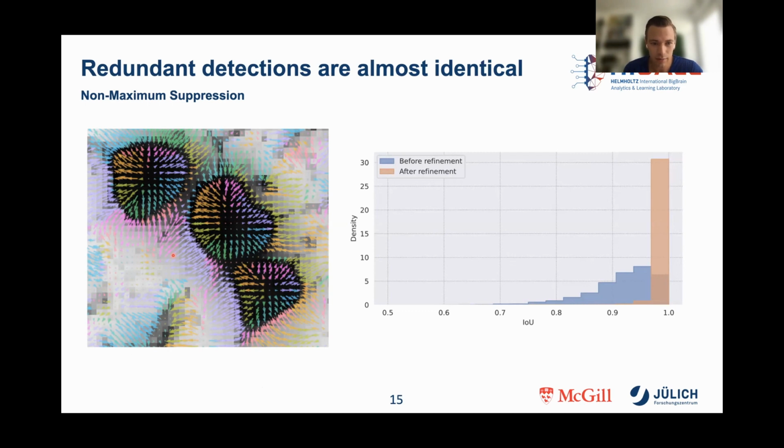So after refinement, all the proposals are almost identical. In this case, we have measured this with over 20,000 cells. Before refinement, you can see they are almost similar, but there are still quite significant differences. However, after the refinement, they are almost all identical. And the similarity is here measured with intersection over union among all redundant proposals.